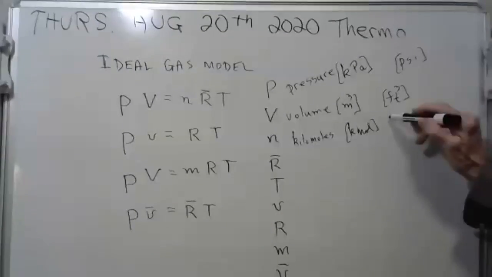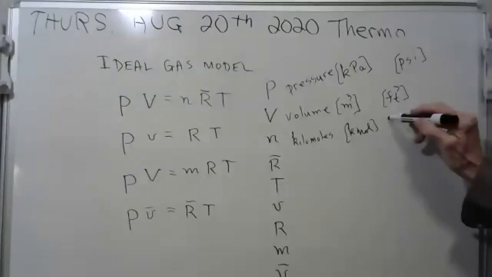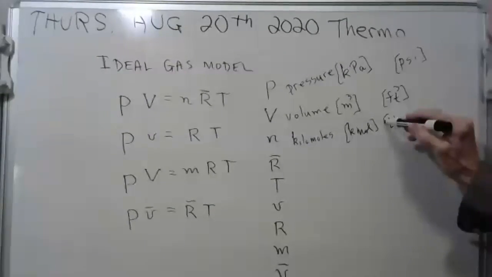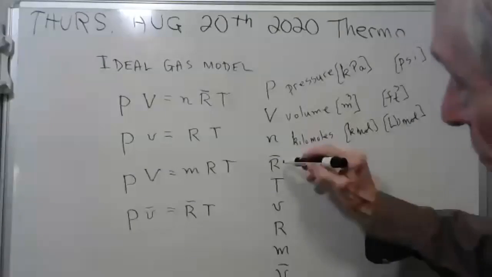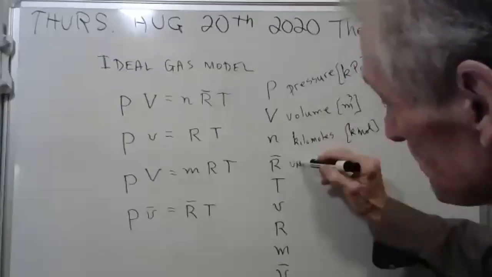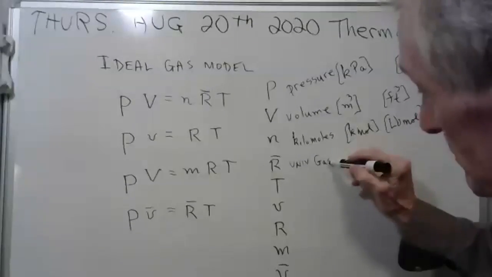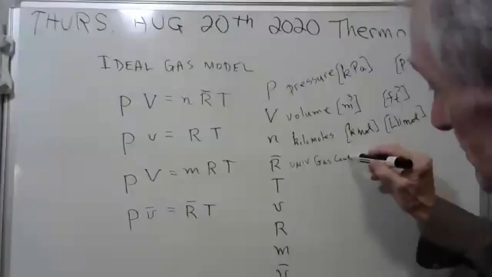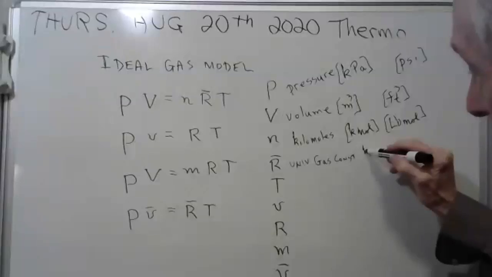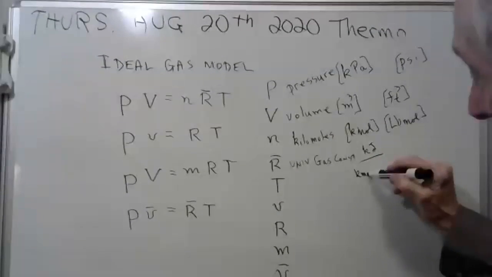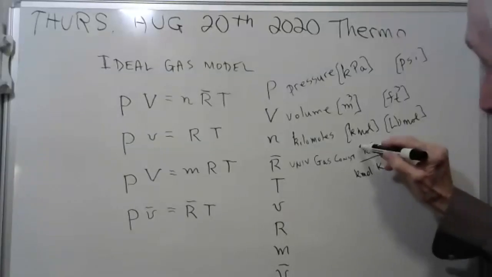But in English units, it's pound moles. This is our universal gas constant. It's kilojoules per kilomole per degree Kelvin.